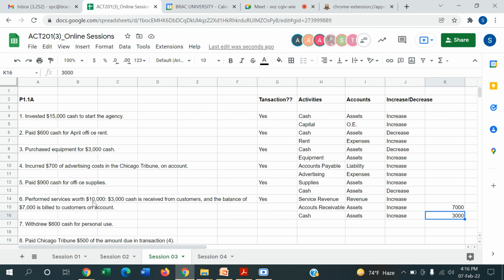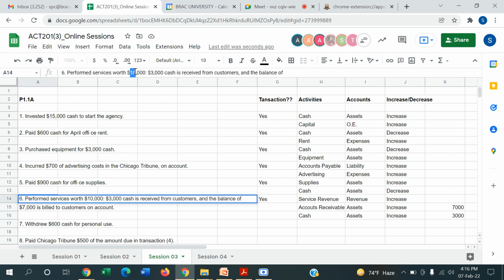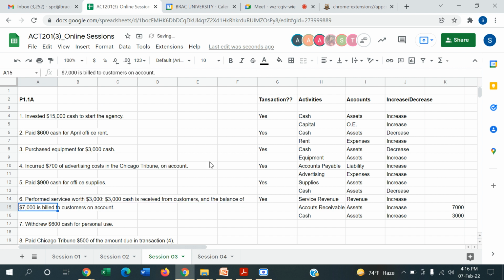Okay. So, for example, they mentioned that they have performed services of 3,000 and they received cash of 3,000. In that case, what accounts will be affected?